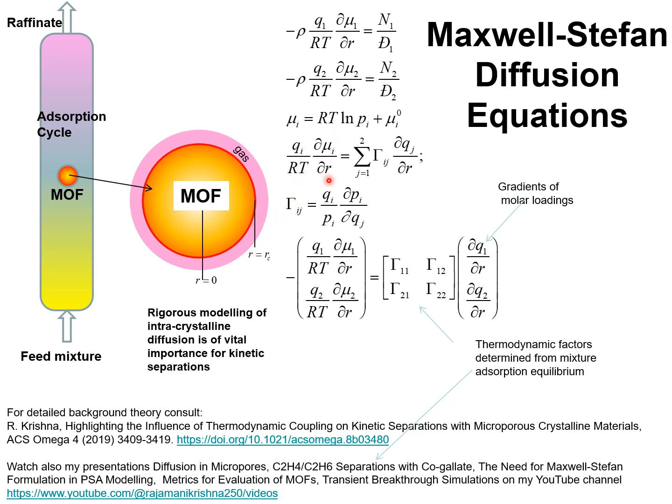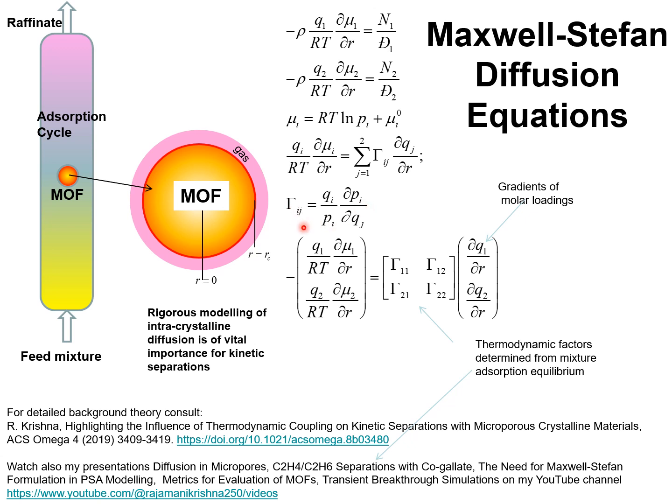The chemical potential gradients can be related to the gradients of the molar loadings q sub j by defining a matrix of thermodynamic correction factors, which are related to the component molar loadings in the adsorbed phase and the partial pressures in the bulk gas phase surrounding the particle.